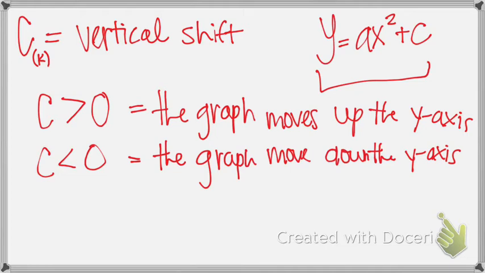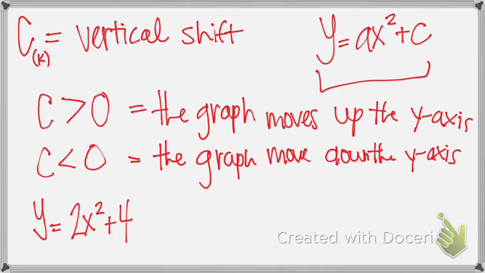All right. If the graph says y equals 2x squared plus 4, let's look at just the C value.